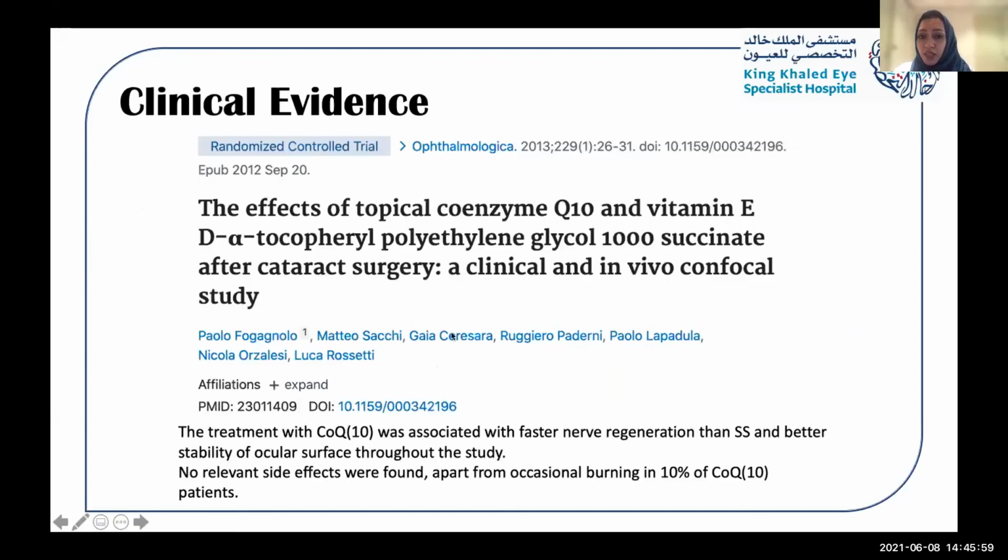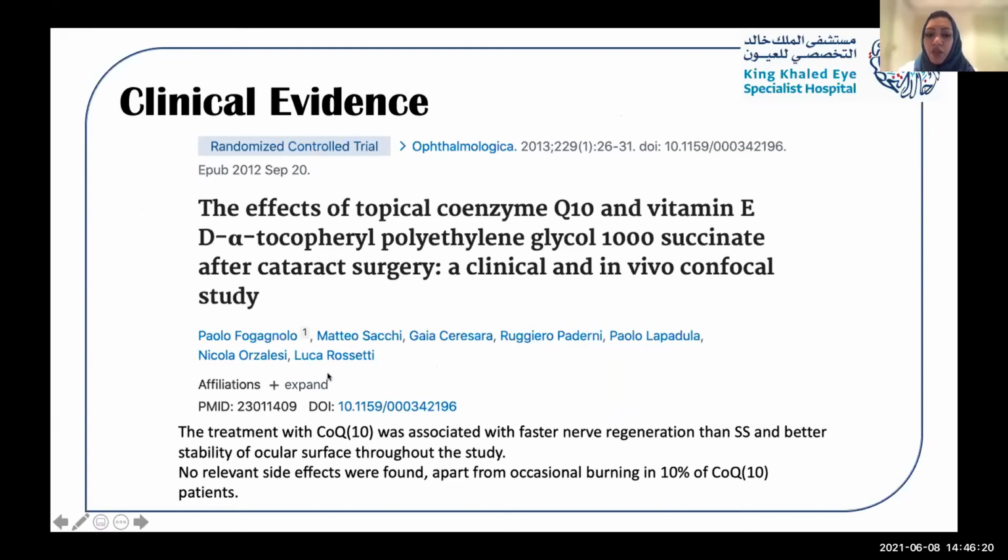Another study that was really nice, where they used the coenzyme after regular cataract surgery, without having any ocular surface problem, and they just evaluated the effect on healing after the surgery.